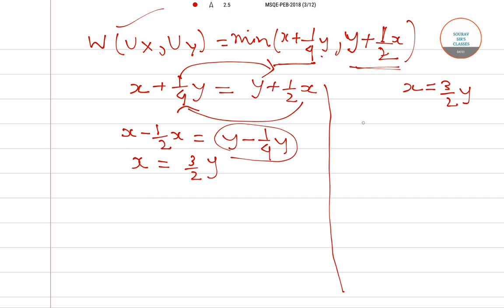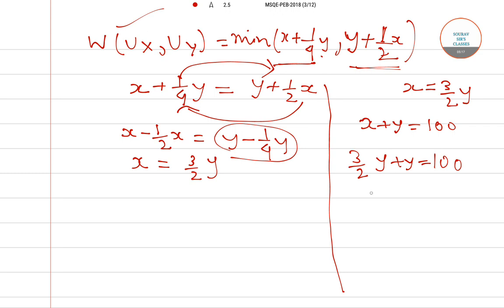So now we'll simply put it in the equation we had initially. If you look into the question, it was given x plus y is equal to 100. Now if you put the value of x here, you will get 3 by 2y plus y equals to 100.